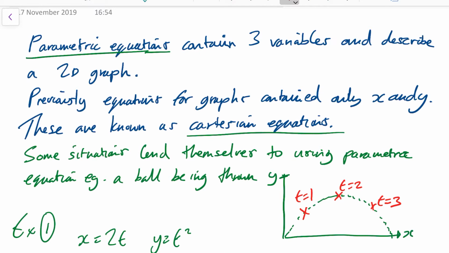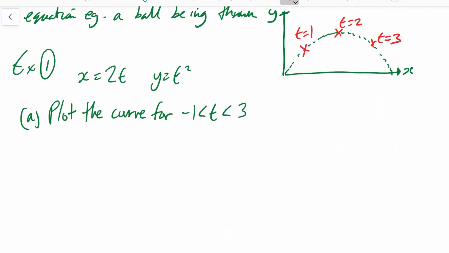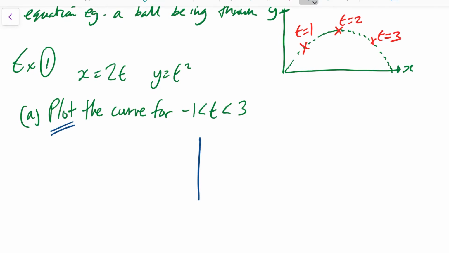So, without further ado, let's have a look at an example. Well, this is what a parametric equation looks like. We've got x equals 2t and y equals t squared. And our first question is to plot the curve for t between -1 and 3. So the first thing we need to do, because we're obviously plotting it, we need specific points to plot. So our t value is going to go, we can plot for these individual values here.